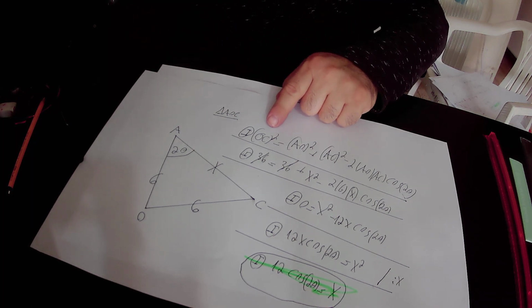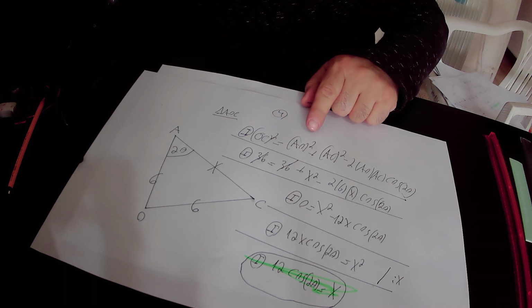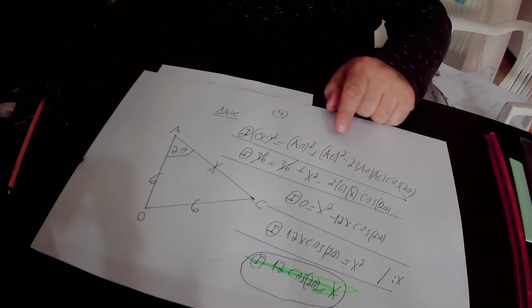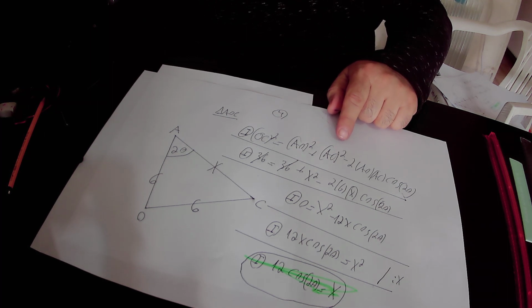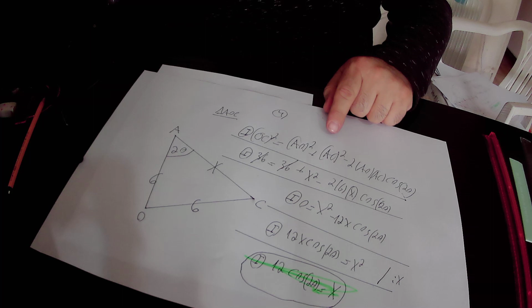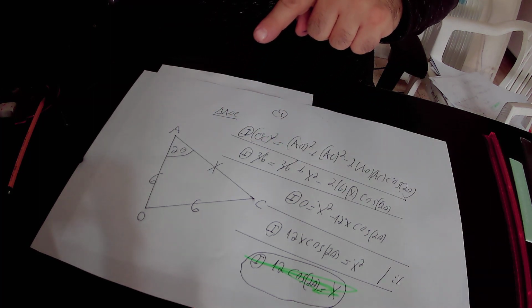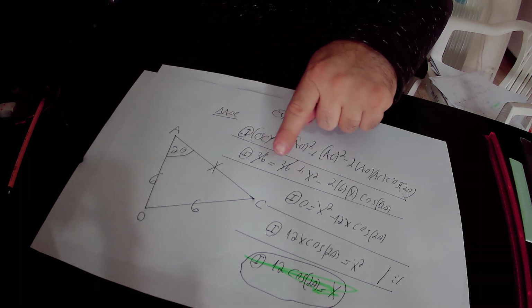OC equals 6, so OC square is 6 squared, which is 36, and it is equal to AO square. AO is 6, so AO square is 6 squared, which is 36, plus AC square.